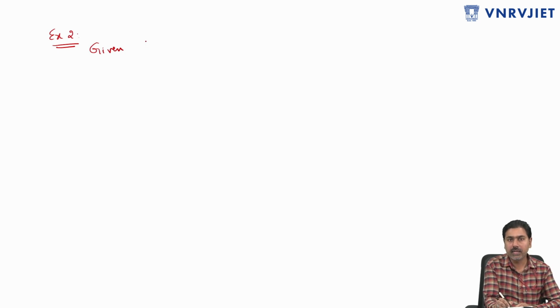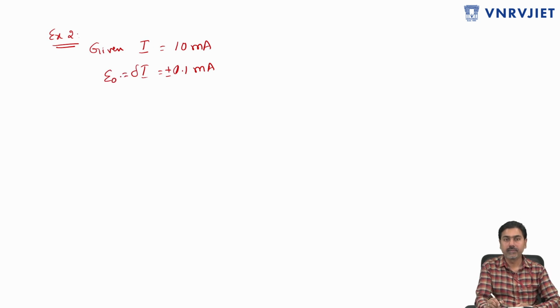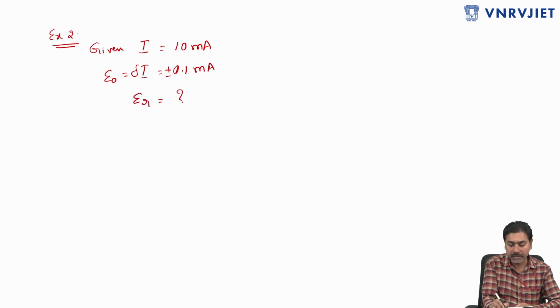Suppose it is a current measurement, the current value I, with nominal value given as 10 milliampere, and suppose the absolute value given, delta I, is equal to plus or minus 0.1 milliampere. This is the absolute limiting error. Now we have to calculate the relative limiting error in percentage.